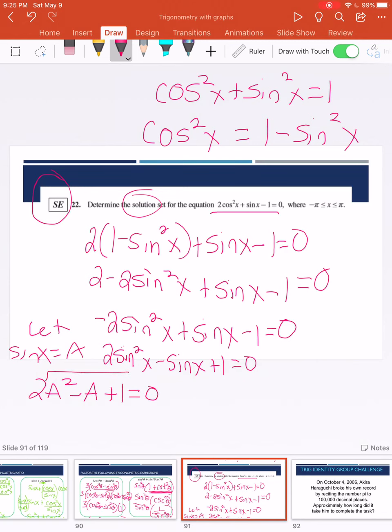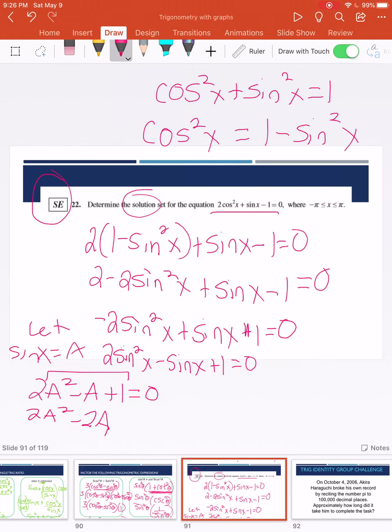Two numbers that multiply to give me positive 2 and add to give me negative 1 are negative 2a. Oh, and I just realized I made a mistake here. 2 minus 1, this should have been a positive 1.